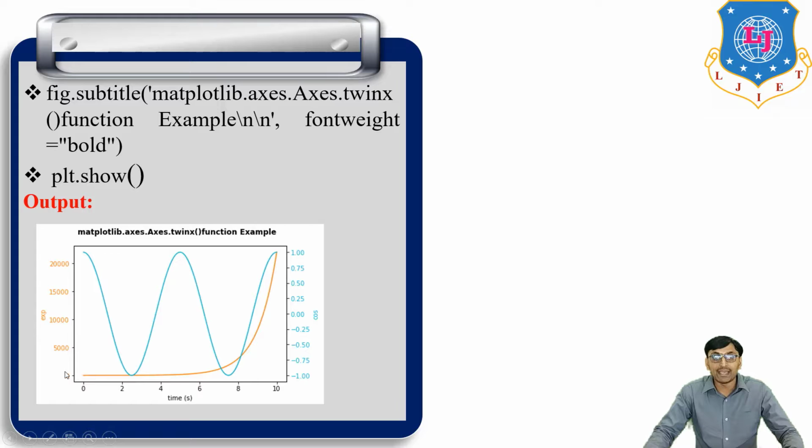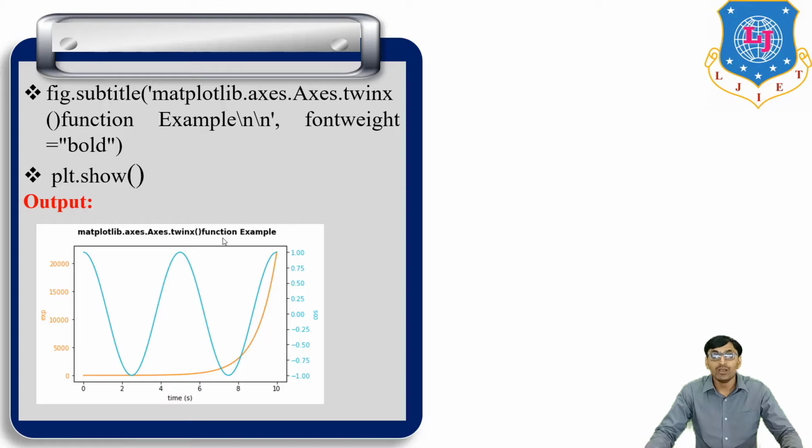This is the y-axis for the first graph, and the color is orange, and this is the y-axis for the second graph. And at the top of the graph there is the matplotlib twinx function example. So this complete sentence is printed out here.